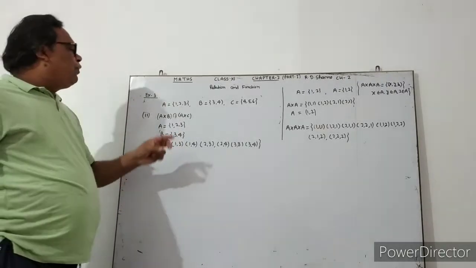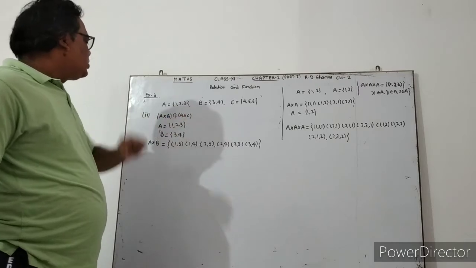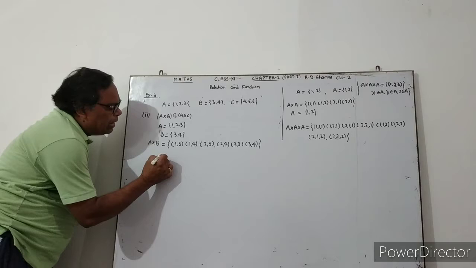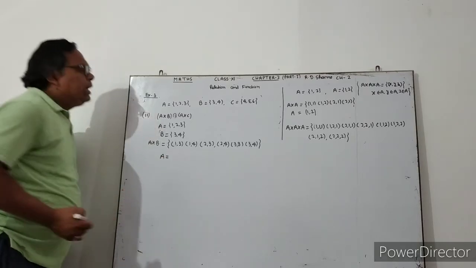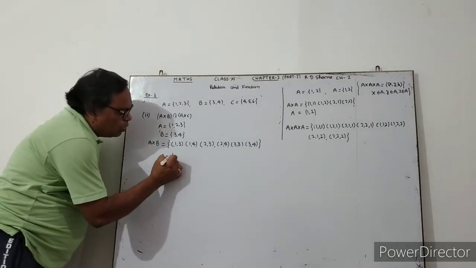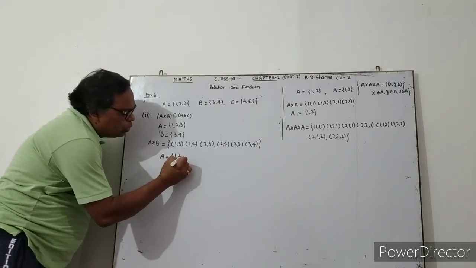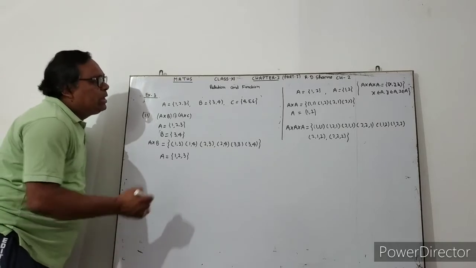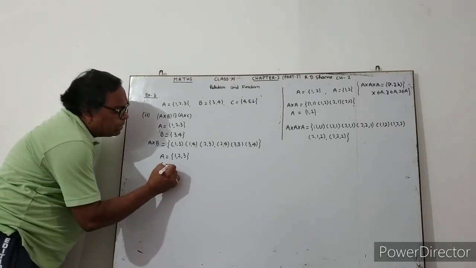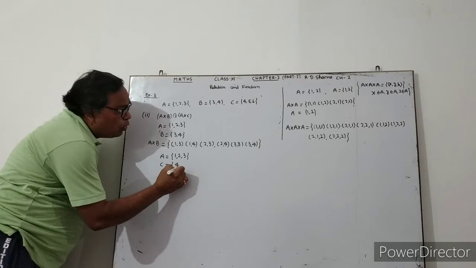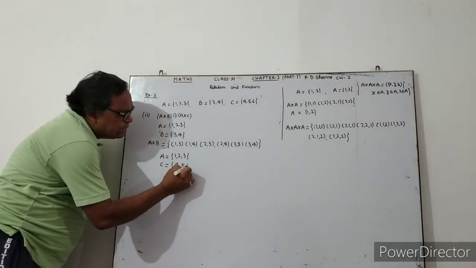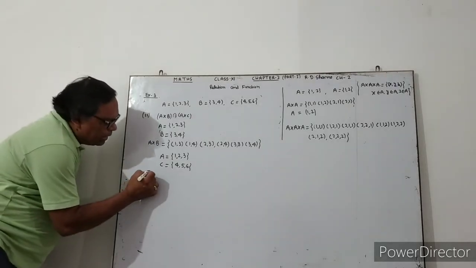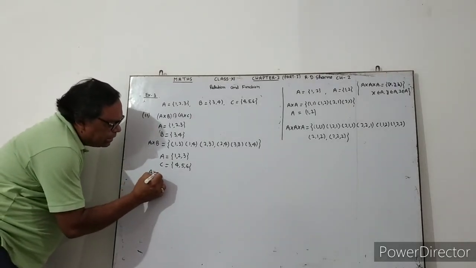Now you find the A cross C. What is the value of A? The value of A is 1, 2 and 3. And what is the value of C? The value of C is 4, 5 and 6. Now, how will we find A cross C?